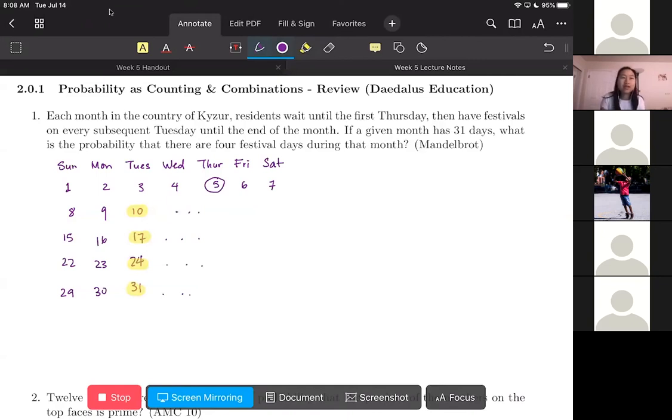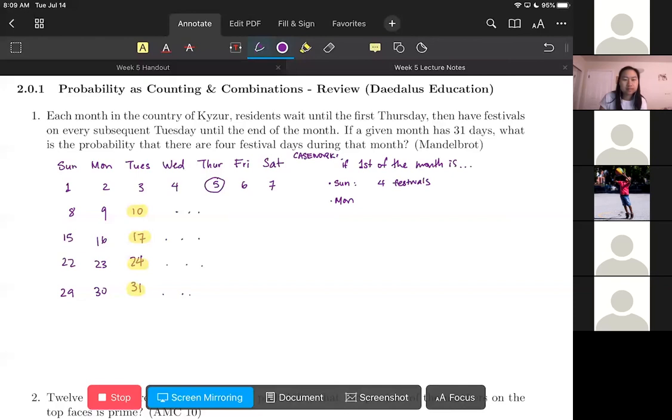So we already did Sunday, right? If the first of the month is Sunday, then we have 4 festivals, right? What about Monday?